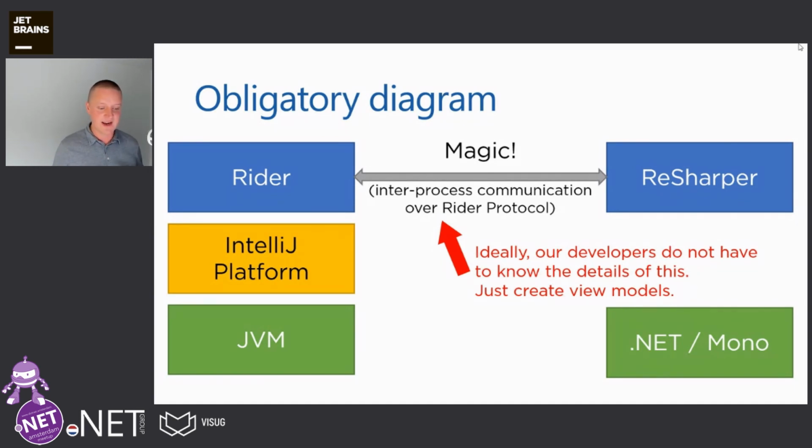They should just be creating those view models and work with those view models throughout their development day. So this is what the protocol looks like conceptually. It's slightly more complex than that, but when you're using it as a developer working on Rider, it is really magic and things just work to communicate between both sides.